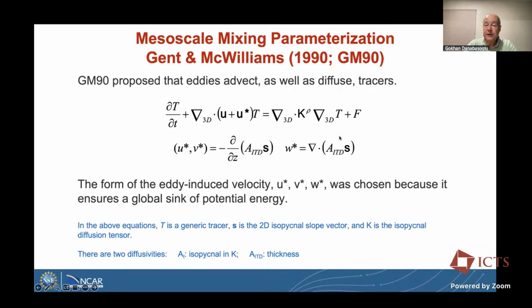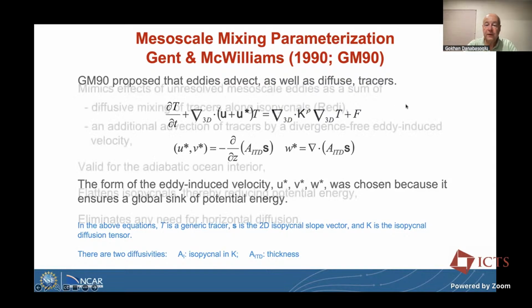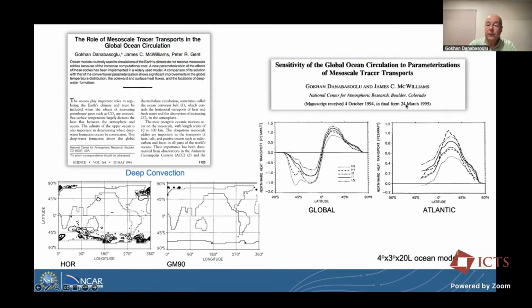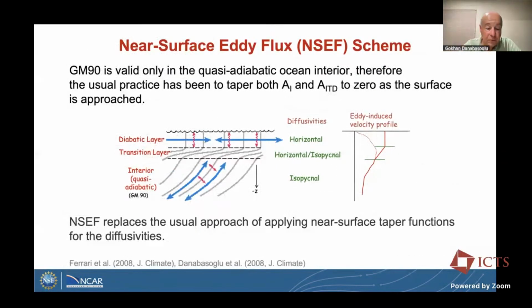This is one of the areas that they are focusing on, how to essentially use machine learning to parameterize these terms in the tracer equation. So this is a very active research area, even after 35 years of this particular parameterization. And the results are quite dependent on how you specify those parameterizations.